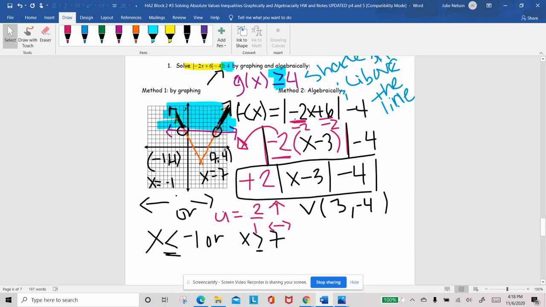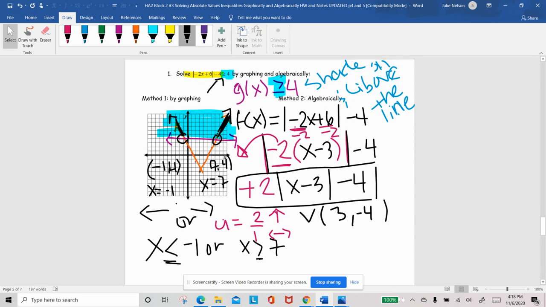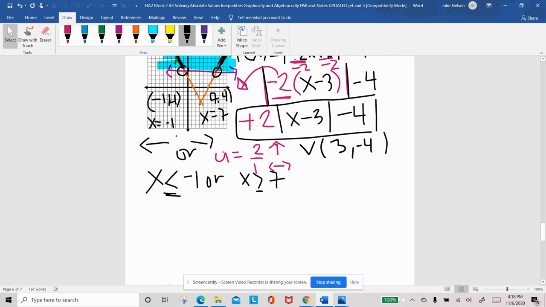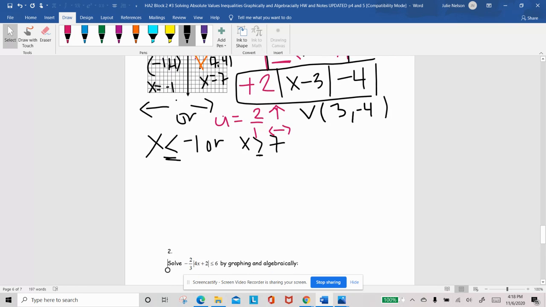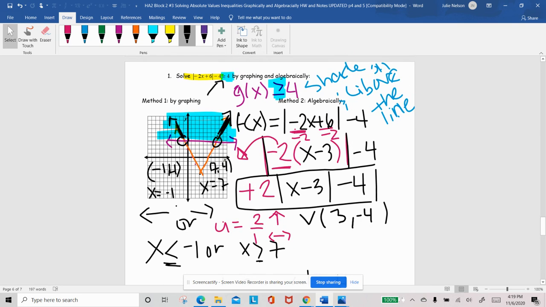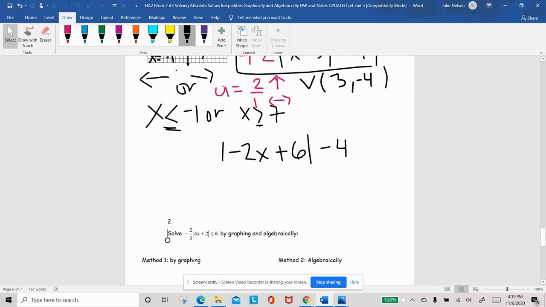I'm going to write this problem again. This time I'm going to do it algebraically. So the absolute value of -2x plus 6 minus 4 is greater than or equal to 4.